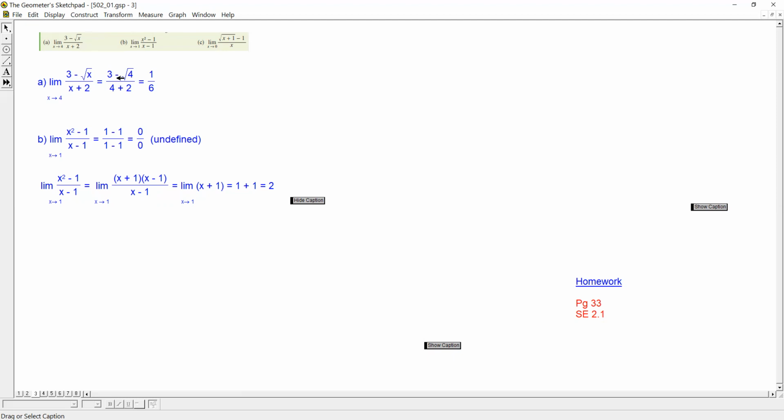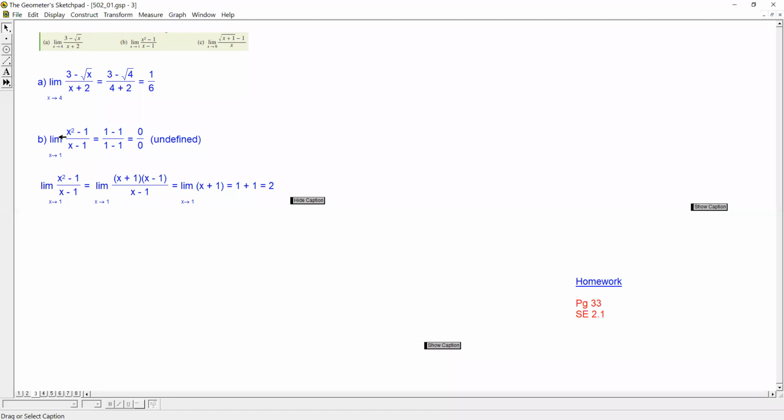So put in 3 minus square root of 4. Square root of 4 is 2. 3 minus 2 is 1. Then here 4 plus 2 is 6. 1 over 6. Need to use the three methods or not? No need. This one very easy. You just substitute number inside, it works. Only when you substitute number inside, it doesn't work, then only you try other methods, right?